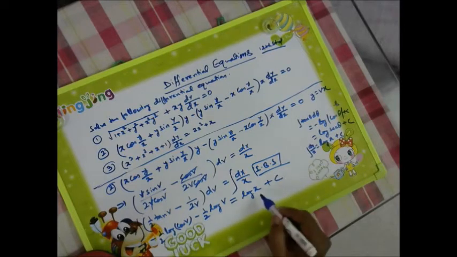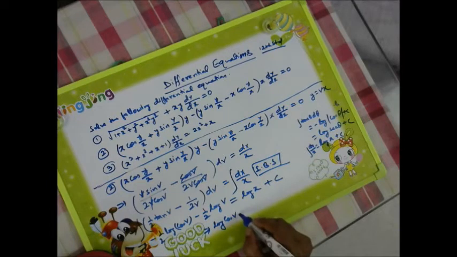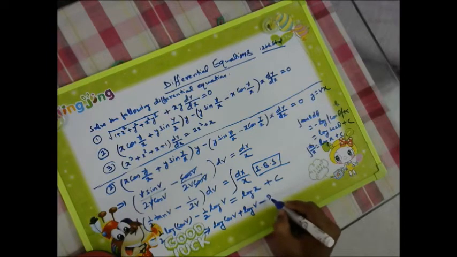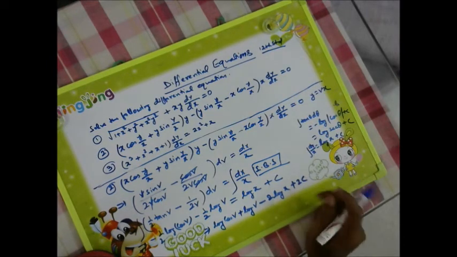Why? Because here also this side 2 is there, that will get cancelled, minus also will get cancelled. So we can write as log cos v plus log v minus 2 log x plus 2c. So 2c will become 1c only.